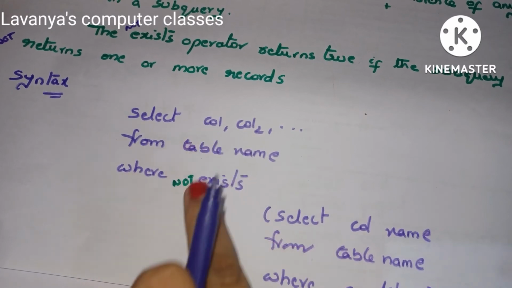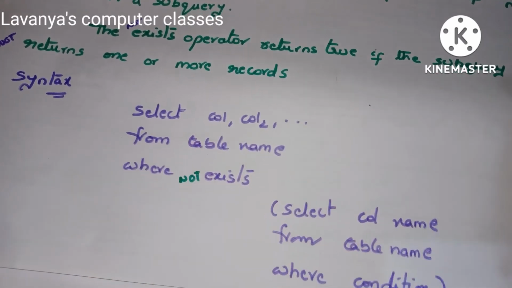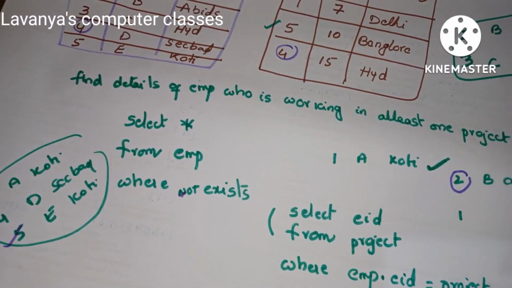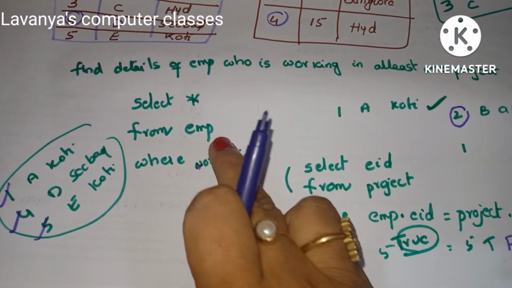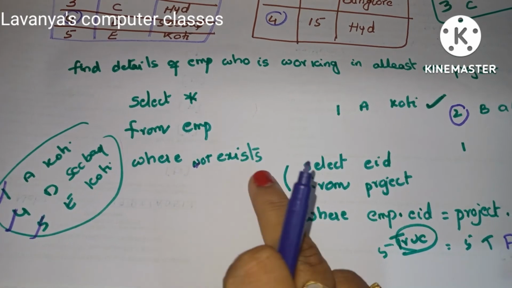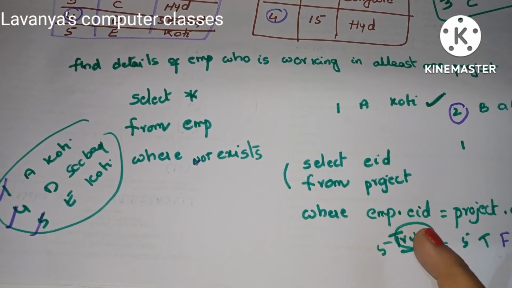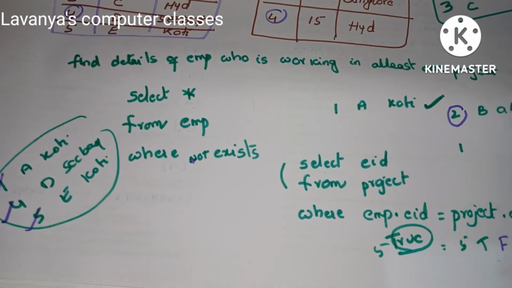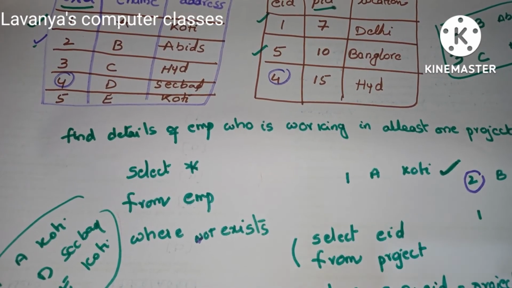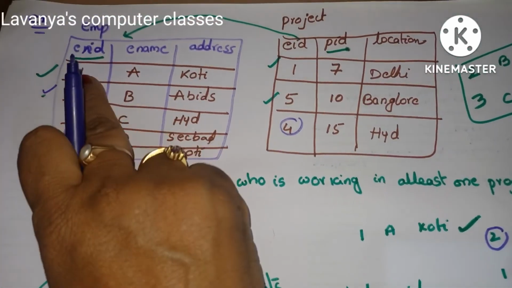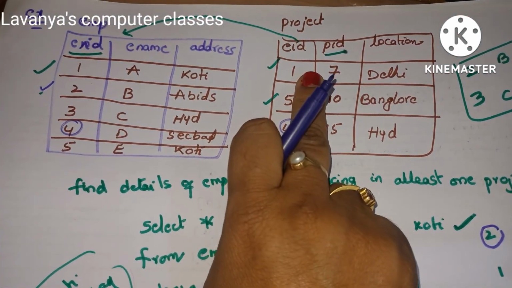Syntax is also the same, just keep not before exists. Same example: select star from employee where not exists, select employee ID from project where employee.eid equal to project.eid. That means only those records where both values are not equal are kept. Here 1 and 1 are the same, so 1 is not necessary.